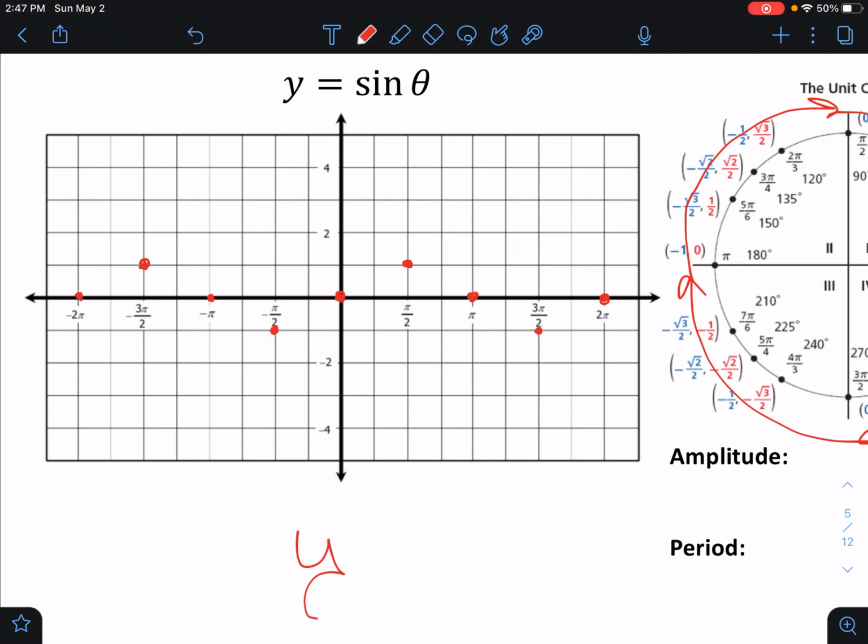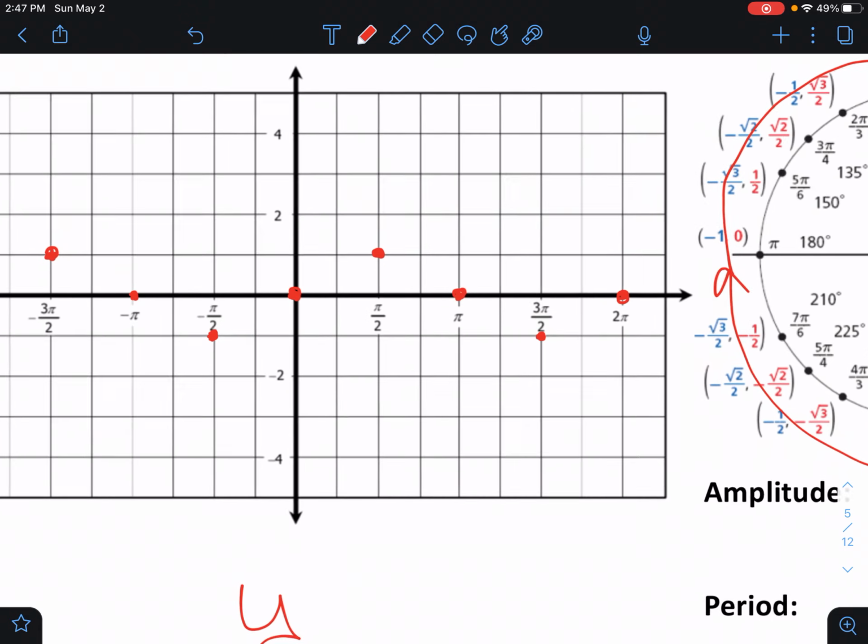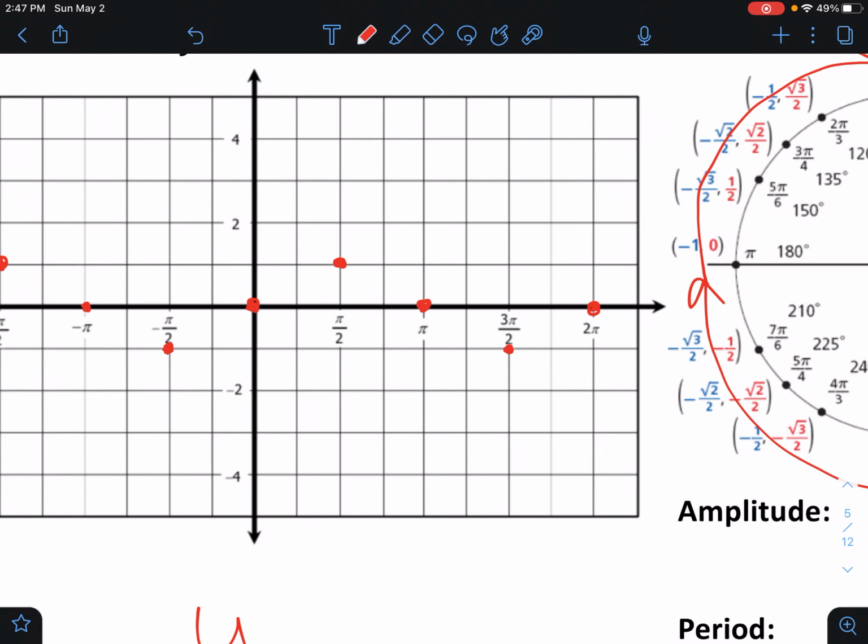Now what you want to do is connect this with a smooth curve. It's a wave. Don't do that. It's a wave. It should be a smooth curve. It should not be straight lines. So I'm going to do my best here to make that happen.